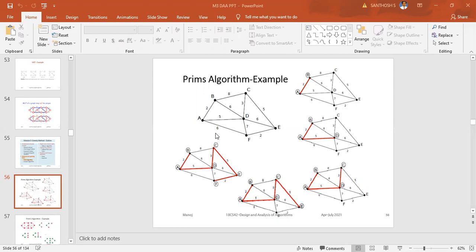See the letters. What are the nodes? Tell me the names of the nodes you are having in this particular vertex.